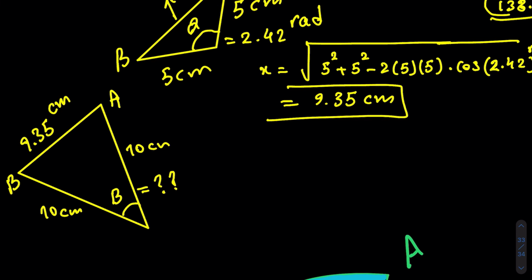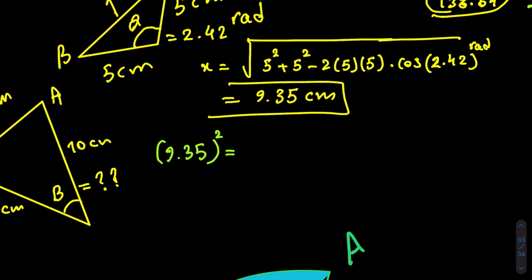9.35 is opposite to the angle, so I need to write it at the beginning, on one side of the equation. 9.35 squared is equal to adjacent side 10 squared plus 10 squared minus 2 times the adjacent sides 10 times 10 cosine beta, okay?